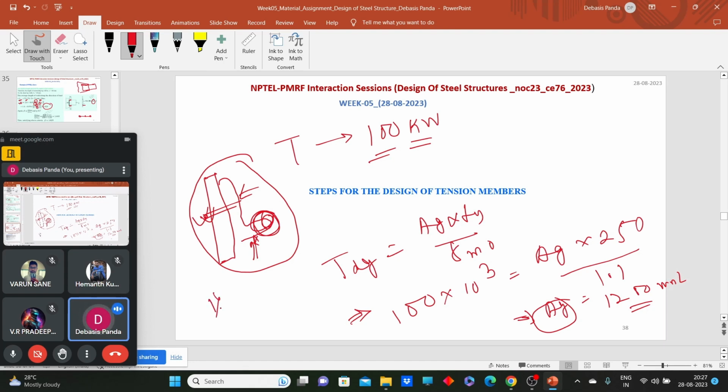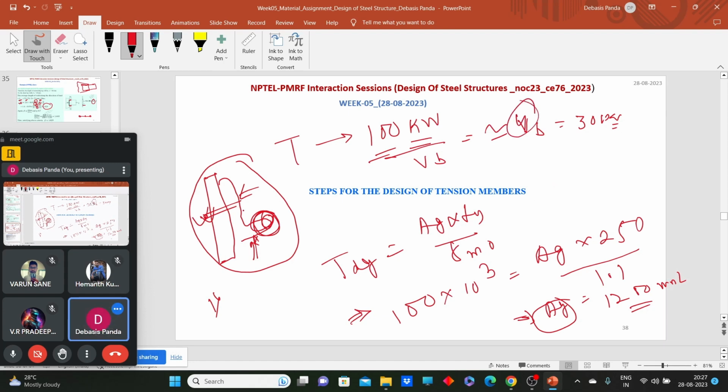So first, we need to calculate the design strength of bolt, shear capacity and bearing capacity. So if we know the bolt strength, say for example, the bolt strength is 30 kilonewton, the shear capacity is the strength of the bolt. So how many bolts will we require? Just T divided by VB. So nearly equals to 4 bolts we need.